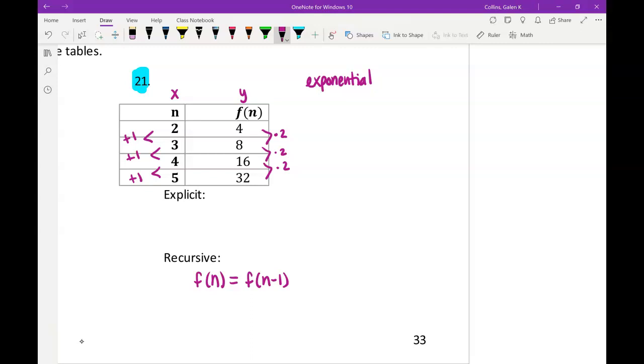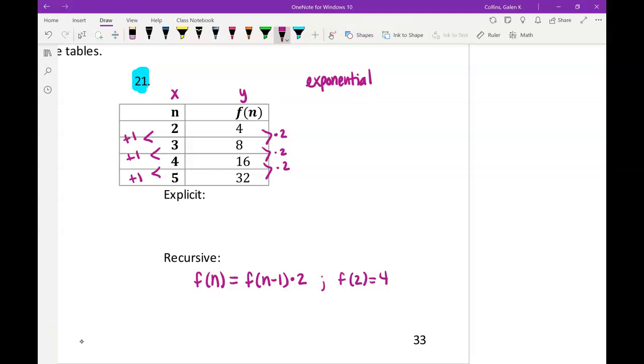So that's why we think of that as our previous term. And I'm going to multiply that by 2. So you could write it out there. I could have stuck the 2 out in front of that. Remember, my recursive rule is not finished until I've given a value in my table, like an initial value, or it really could be any value, but maybe it should be our initial value. Okay, so that's a recursive equation for this.